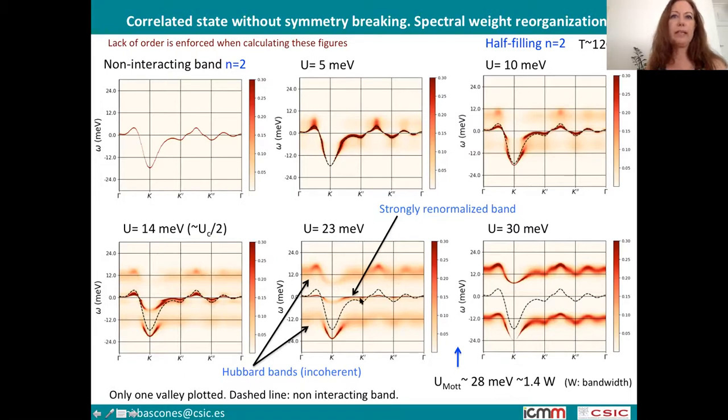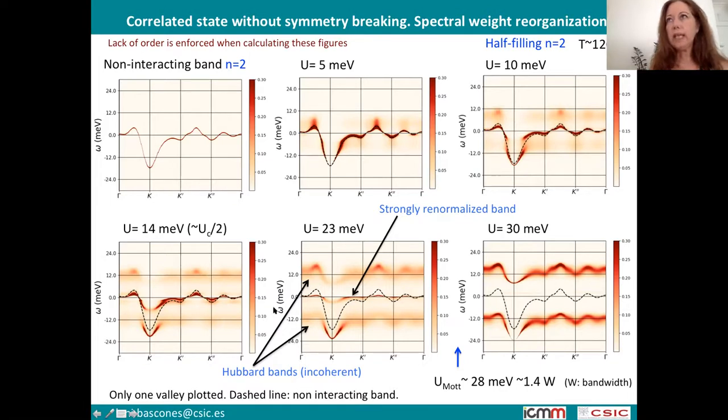What I want to call your attention to here is that even if we are at an interaction which is already quite far from the Mott transition, around the half, there is a strong modification of these bands. A lot of the spectral weight has become incoherent.